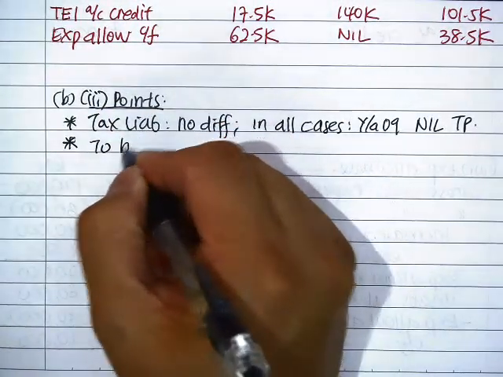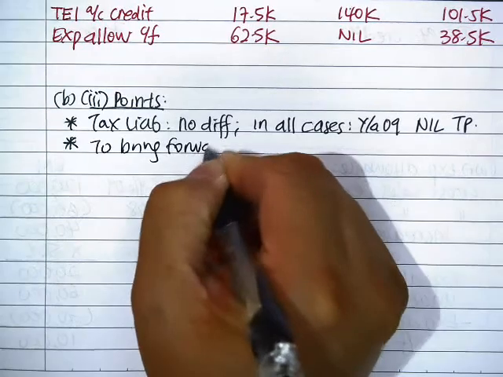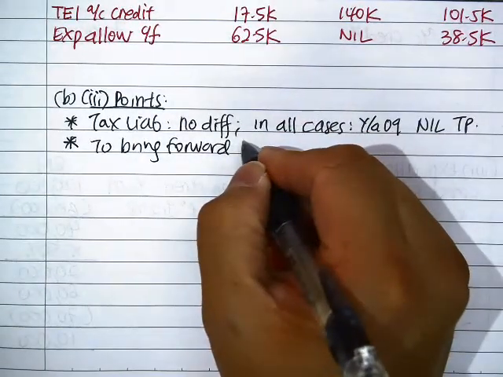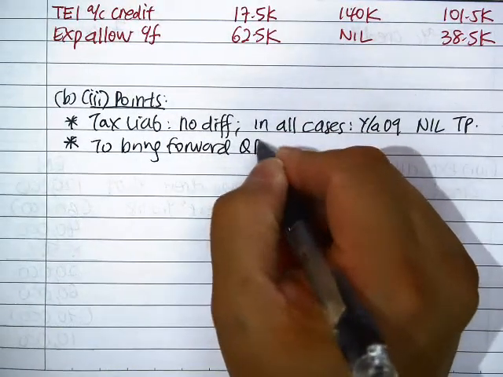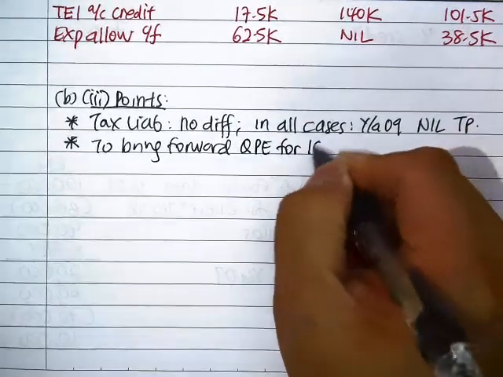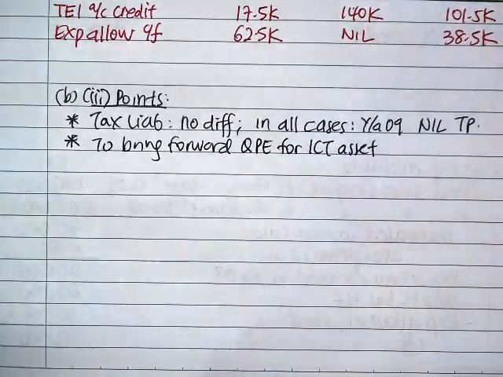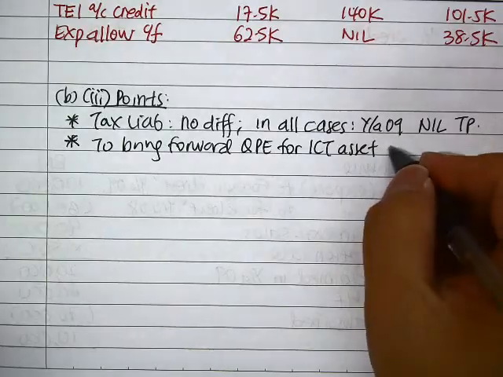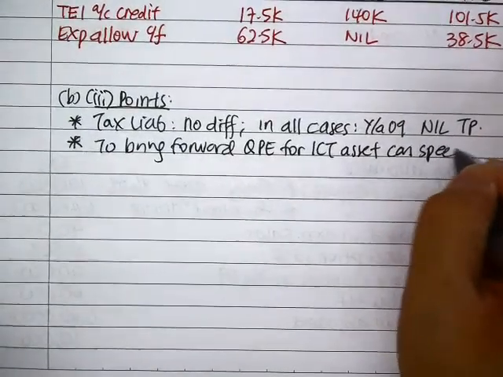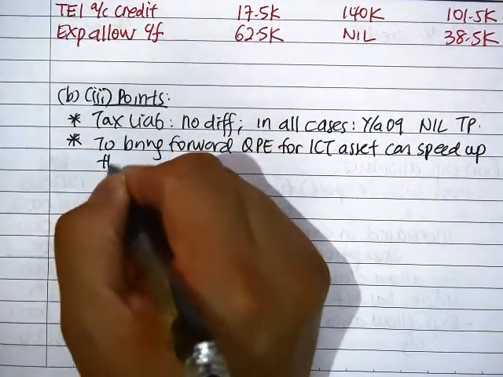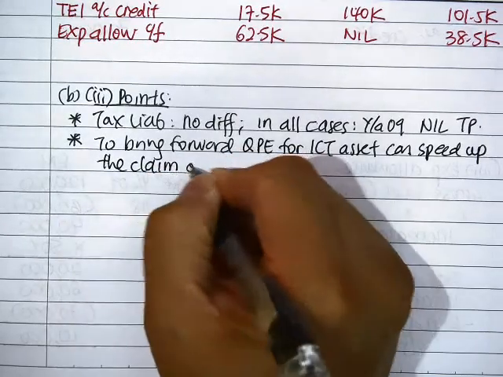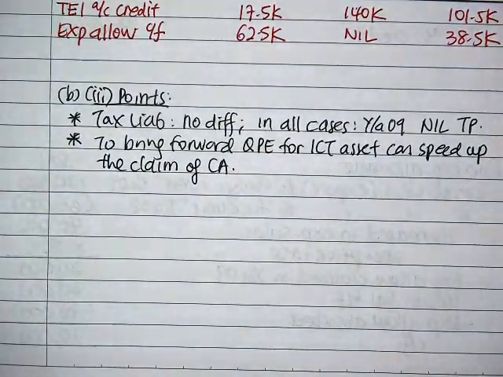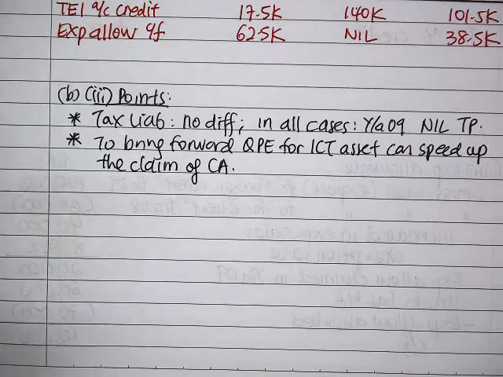Now to bring forward the ICT asset can speed up the claim of the CA.